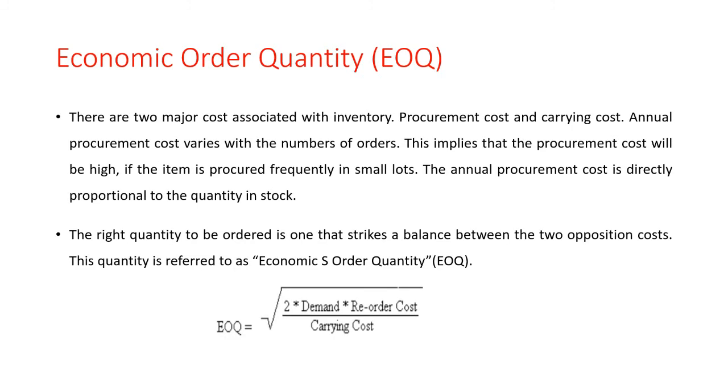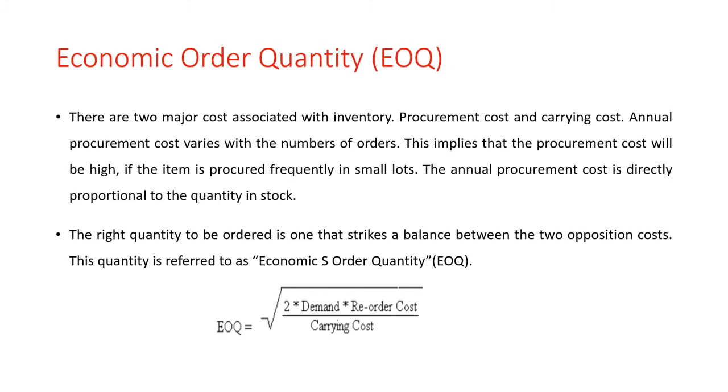There are two major costs associated with inventory: the procurement cost and the carrying cost. The annual procurement cost varies with the number of orders. This implies that the procurement cost will be high if the item is procured frequently in small lots. The annual carrying cost is directly proportional to the quantity in stock, so the inventory carrying cost decreases if the quantity ordered per order is small.